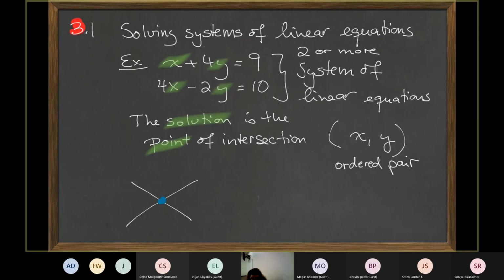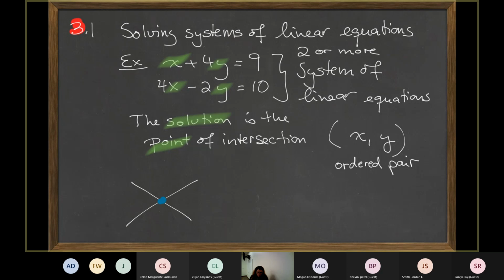So that's what chapter 3 is all about. 3.1 is graphing again. So if you like graphing, it's good. If you don't like graphing, you don't like that section. In 3.2 and 3.3, we're going to solve them algebraically by two different methods, word problems, and then we look at some inequalities.